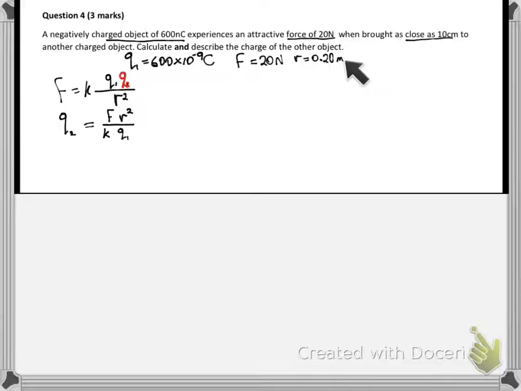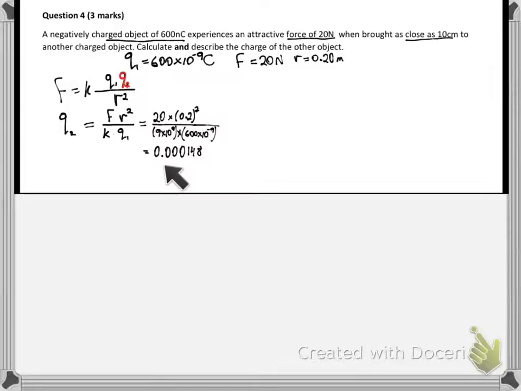Now let's substitute our values in, like so. I've substituted 0.2 going with this value, but you can do the same and substitute in 10 centimeters. And we calculate carefully. We get some quantity like so, and then I can shift my decimal place.